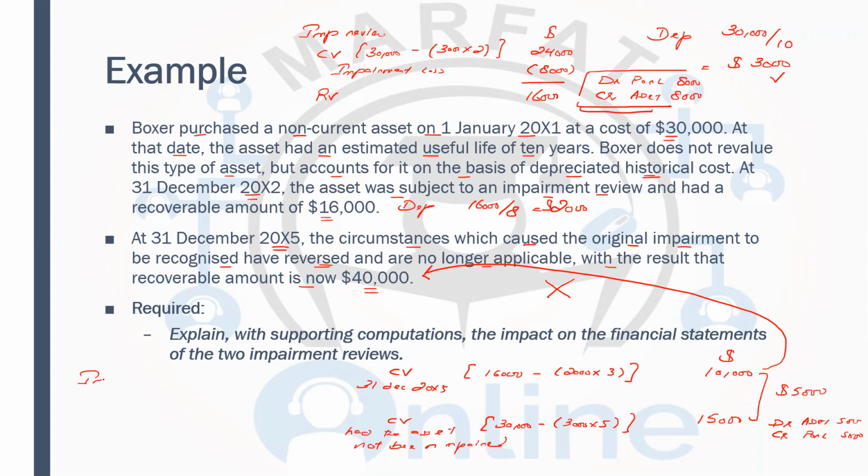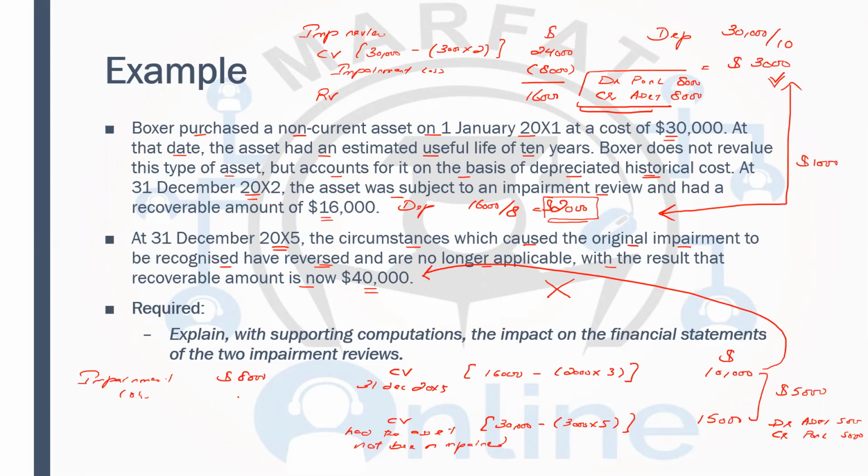What was the impairment loss in total which you recorded earlier? It was 8,000, right? 8,000 was recorded in the profit and loss. Now the depreciation of this asset would have originally been 3,000 per annum. But due to this impairment, you were charging depreciation of 2,000 per annum. Every year you were charging 1,000 less depreciation.